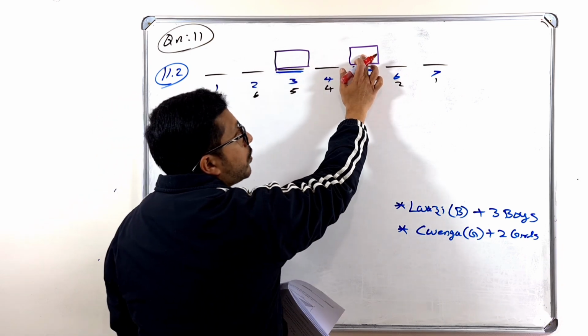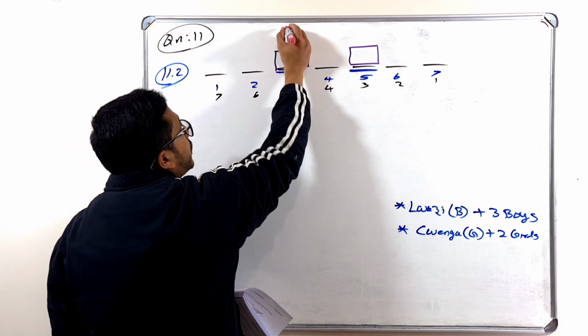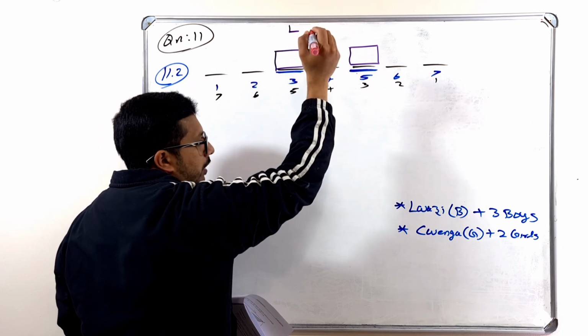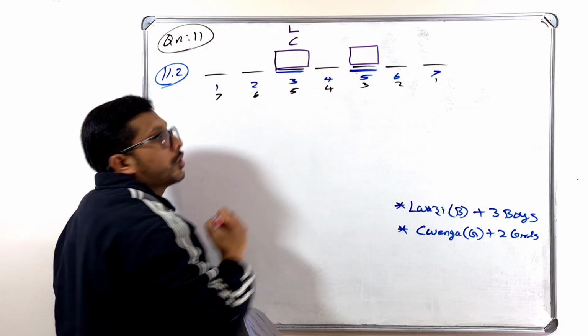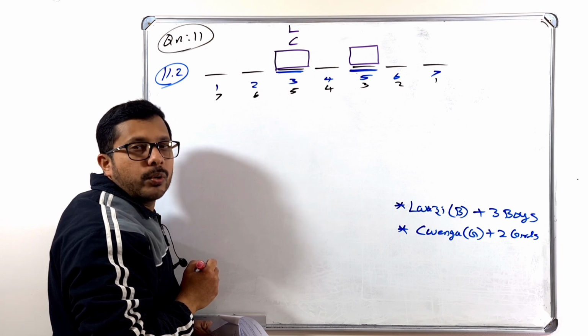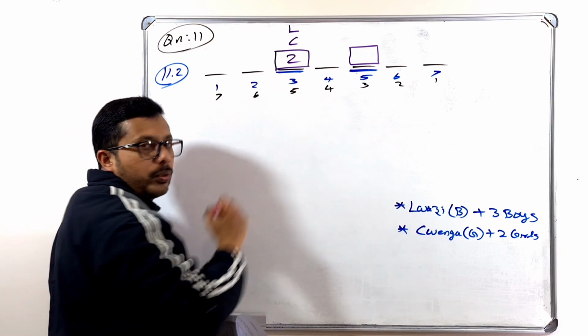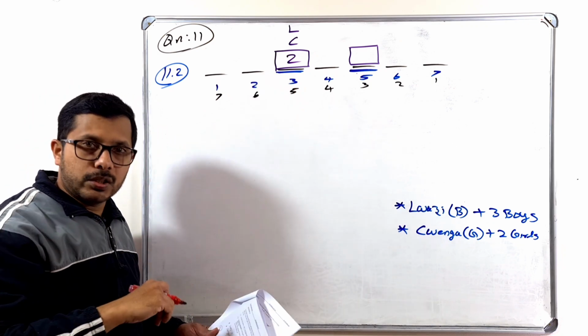Here also Lassie or Swenga can sit there. So for this seat there are two options. How many options are there for this seat to be filled? I have two options: either Lassie or Swenga.